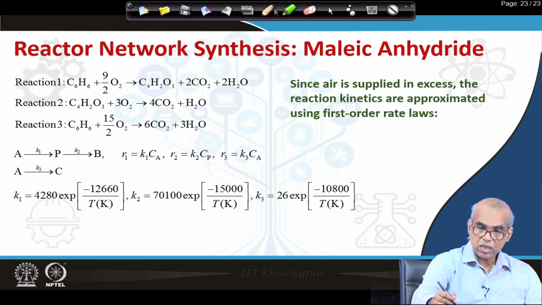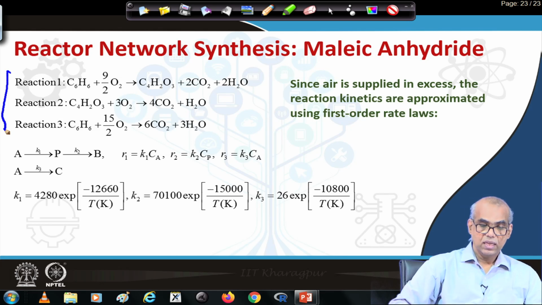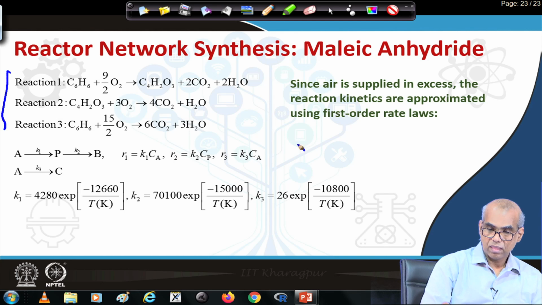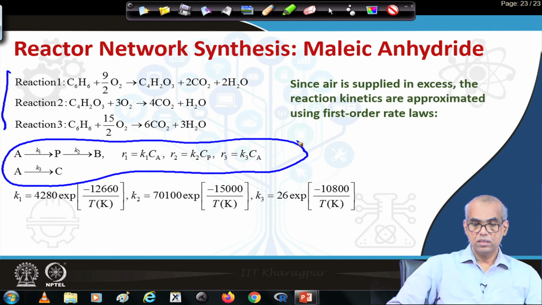So, this reaction scheme as shown in reaction 1, reaction 2 and reaction 3 can be represented approximately by first order rate laws: A to P to B and A to C. The rate expressions are given: R1 equal to K1 into CA, R2 equal to K2 into CP and R3 equal to K3 into CA. The rate constants are given as a function of temperature.